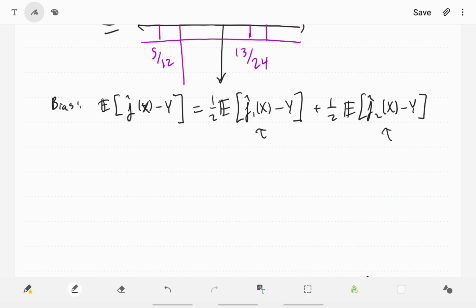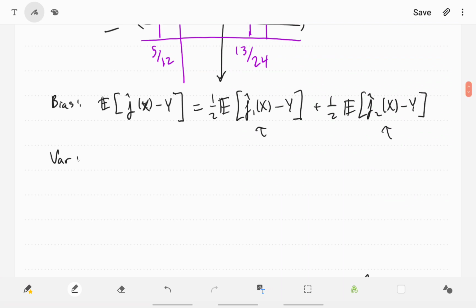But the variance, if we think about the variance of our estimate, let's just consider the variance. Let's suppose something that's not going to be exactly true: that y hat 1 and y hat 2 are independent of one another.